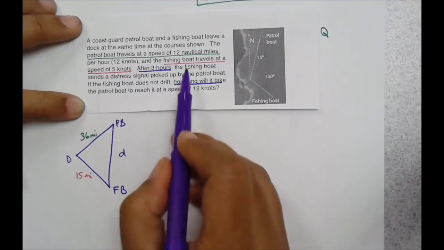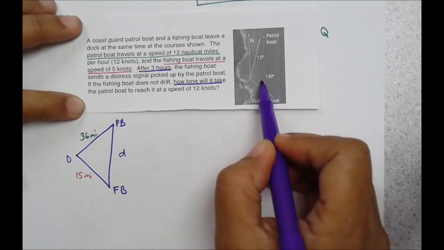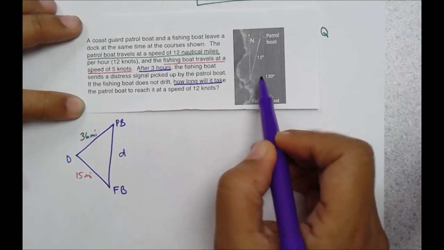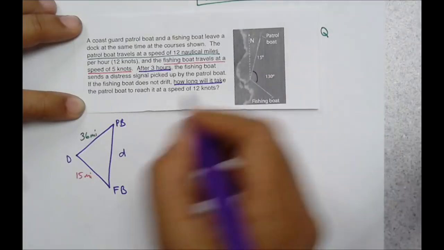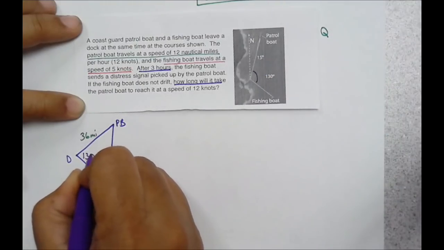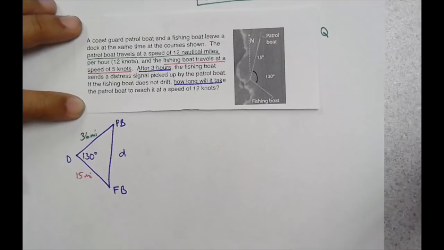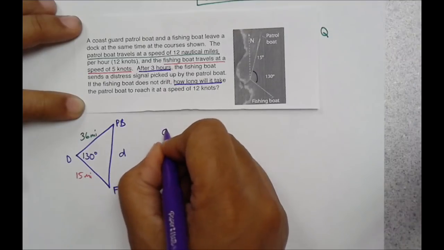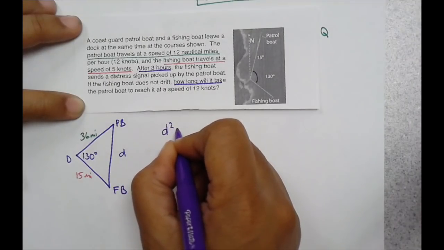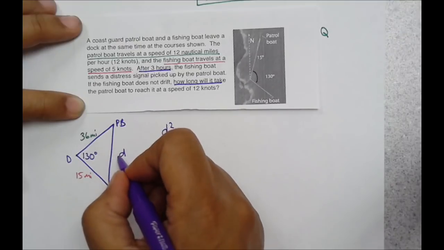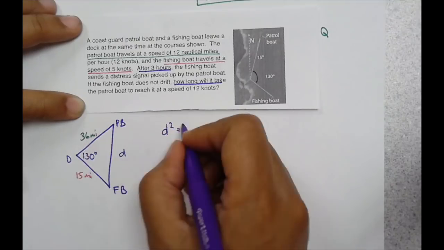Now, it doesn't have it in the word problem, but it's shown in here. This right here is 130 degrees, from here to here. So I'm going to go ahead and put that 130 degrees there. All right, in order to solve for this distance, I'm going to use my d squared formula. D squared equals your other two sides, which I know are 15 and 36.